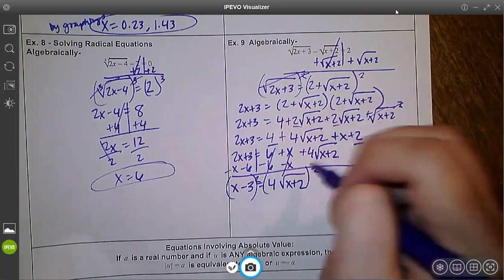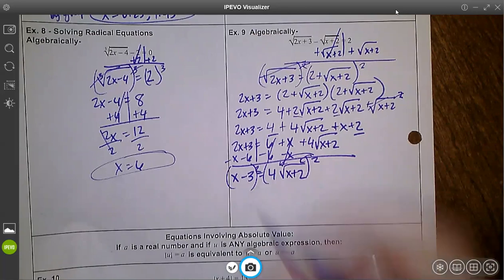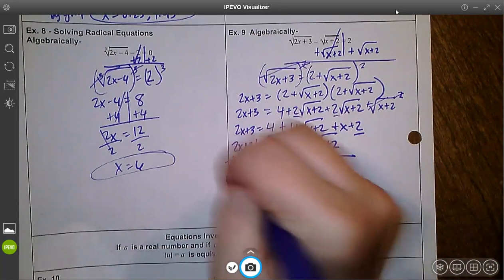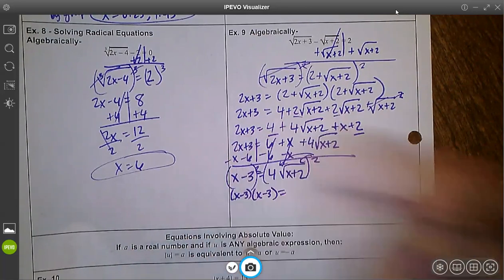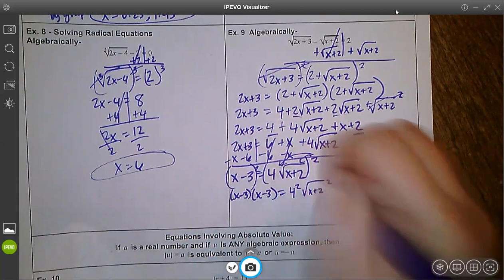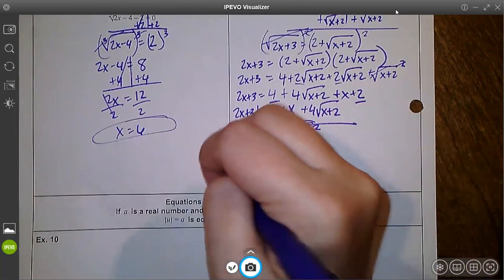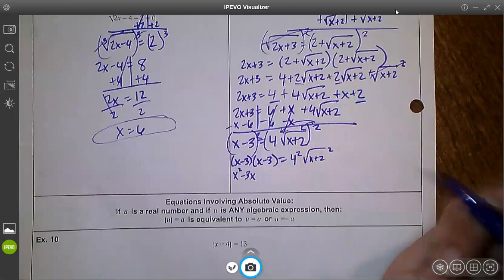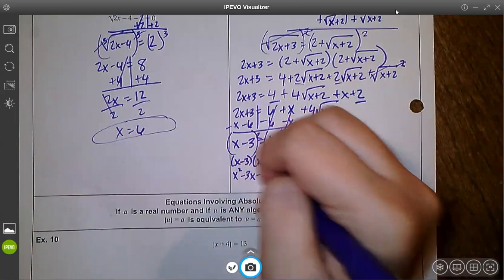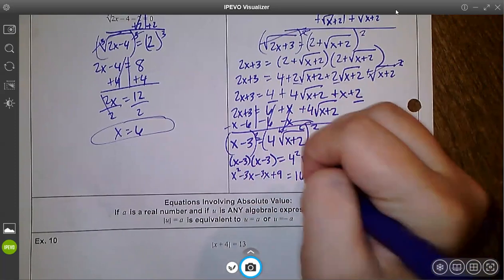As long as we're multiplying, we can distribute that radical here. On this side, you have to FOIL it out. So you have x minus 3 times x minus 3 equals 4 squared times the square root of x plus 2 squared. You get x squared minus 3x minus 3x plus 9 equals 16, and that cancels.